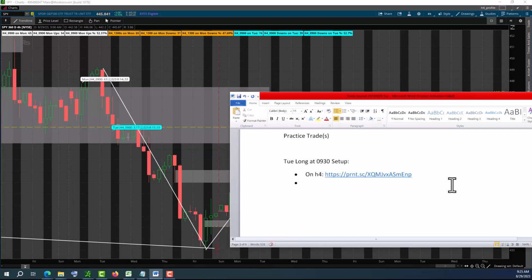Basically we want that Monday 9 o'clock and 12:13 both up close. Then on Tuesday, go long when it retests the candle at 9:30 right there. When it retests, just go long.